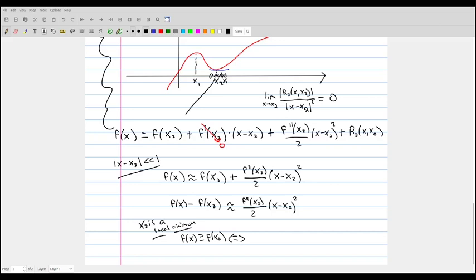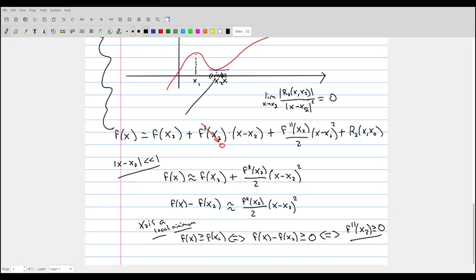Which is the same thing as saying that f of x minus f of x2 is greater than or equal to 0. So this condition tells us that at a local minimum, for a function that has a second derivative, f double prime of x2 has to be greater than or equal to 0 at the point. Or the function has to be concave up at the point.